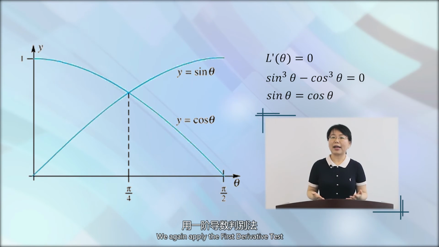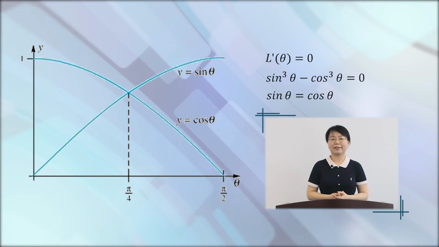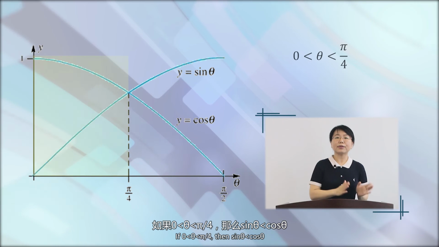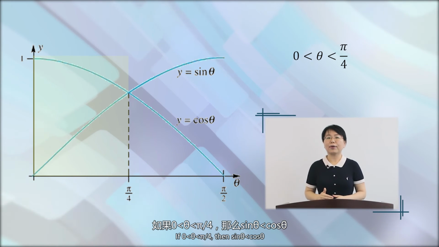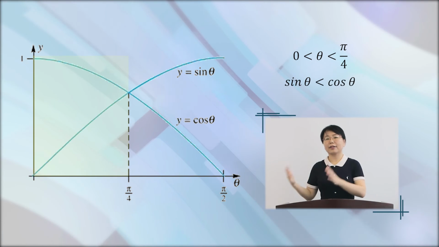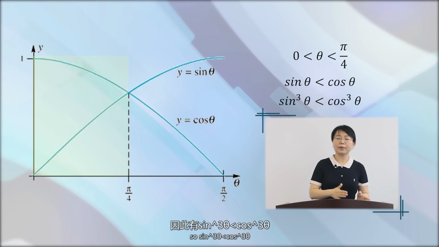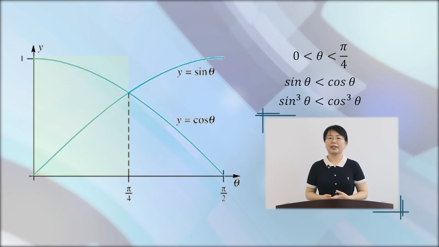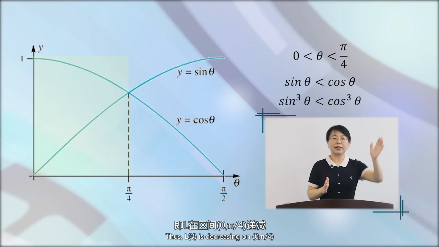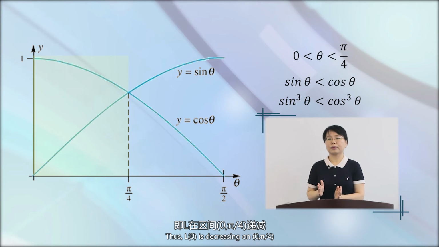We again apply the first derivative test. If theta is between 0 and pi over 4, then sine is less than cosine. See this figure again. So sine cubed is less than cosine cubed. Thus, L is decreasing on 0 to pi over 4.